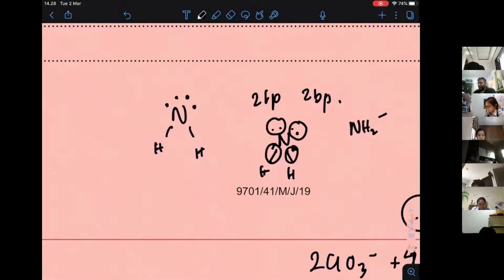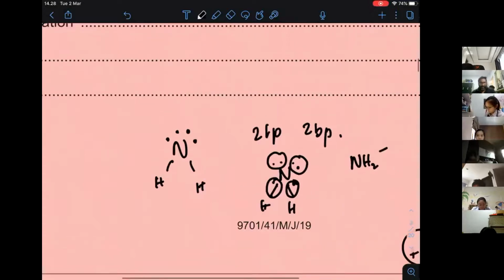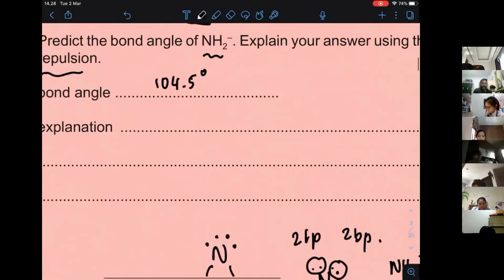Because of this, we are going to have a bond angle which is similar to water. So the bond angle is going to be 104.5 degrees.